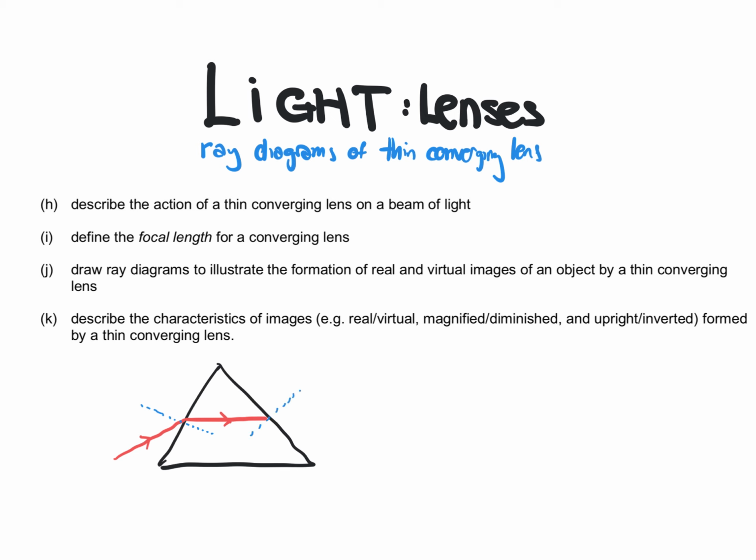And now that it's moving from more optically dense to less optically dense, I know it's going to speed up over here. So it will bend away from the normal, something like that. Which is pretty interesting because I can see that because of the way the glass is formed here, my light actually bends and goes this way, right?